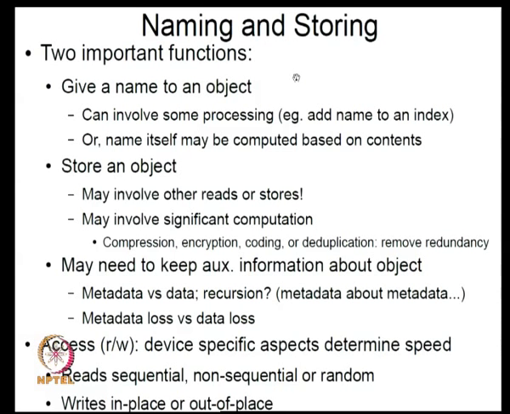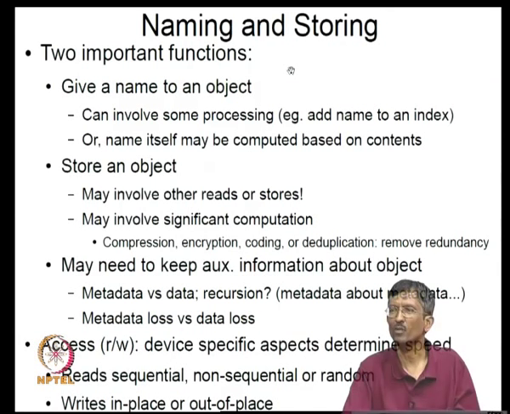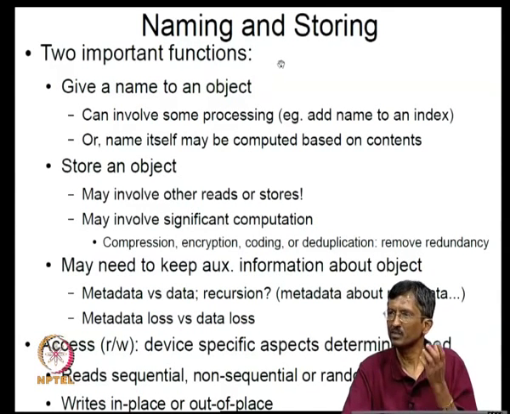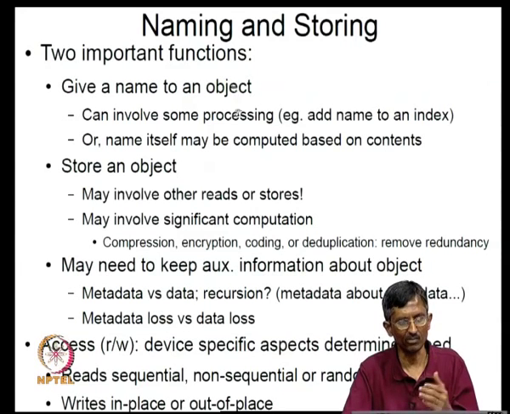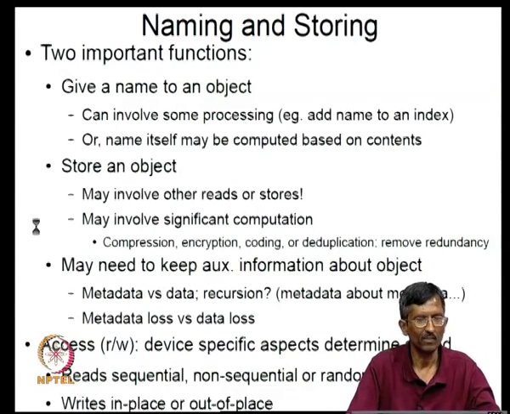I just wanted to show that this naming and storing is non-trivial. There can be unusual complications because of various aspects, starting from basic aspects. I told you from lambda calculus what it means, but these are the two powerful operations. Starting from there, you can see the kind of computers that are required, the issues around metadata, and the device specific aspects. All these things are involved.